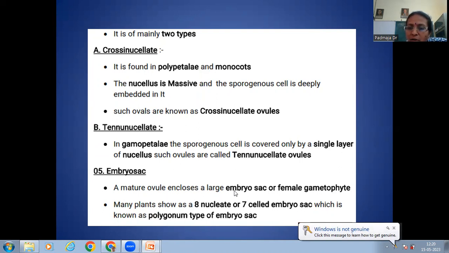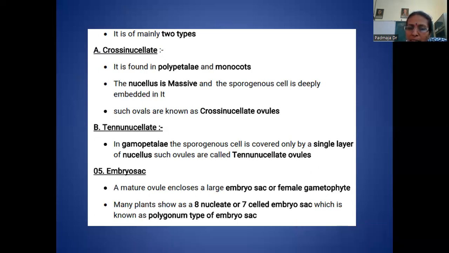That functional one develops into the embryo sac. So the other name for embryo sac is the female gametophyte. The formation of these megaspores from the megaspore mother cell is known as megasporogenesis.